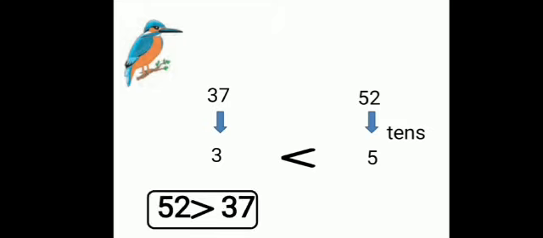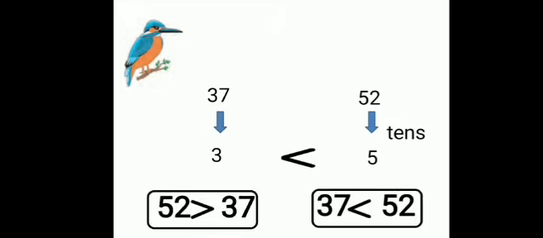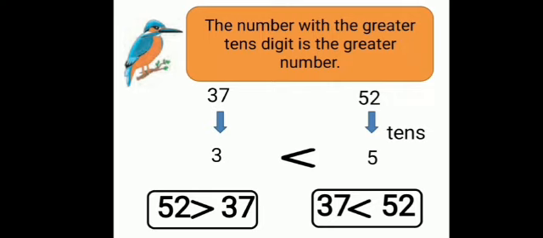So obviously 52 is greater than 37, or we can say 37 is smaller than 52. 37 is less than 52. Here, the number with the greater tens digit is the greater number. Always remember this.